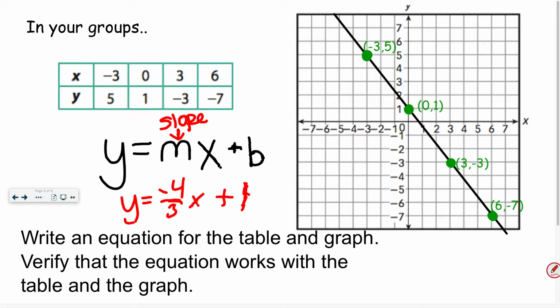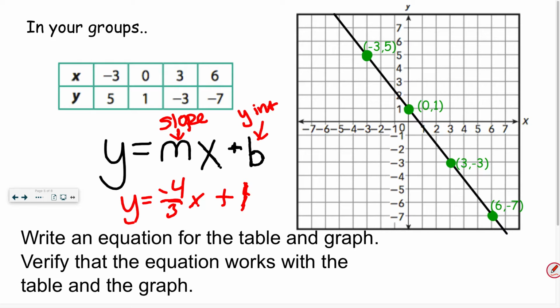The y-intercept. Our b is our y-intercept. So all we have to do is plug in the slope and the y-intercept into this equation to give us our equation for this line.